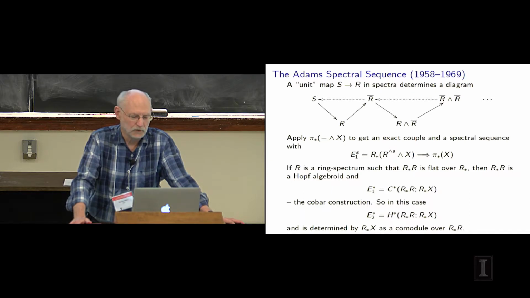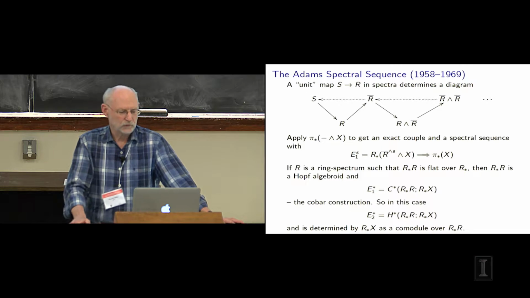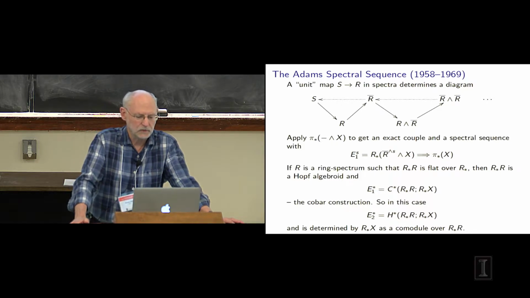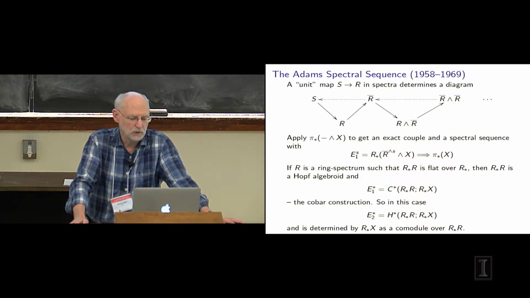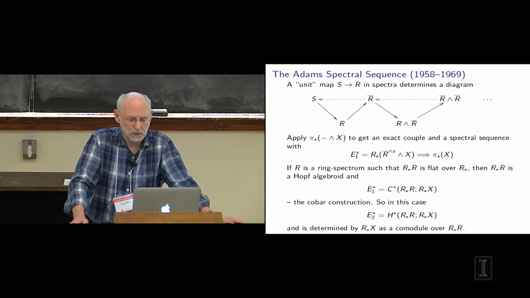So somehow the beginning of that large resolution is determined by the beginning part. And there's a homological description for E2. And the E2 term is determined by the R homology of X as a comodule over this self-homology. So this is the thing that failed in the work that Mark Behrens was talking about.